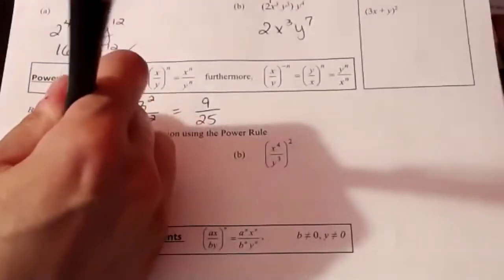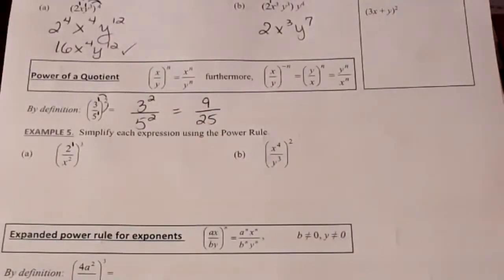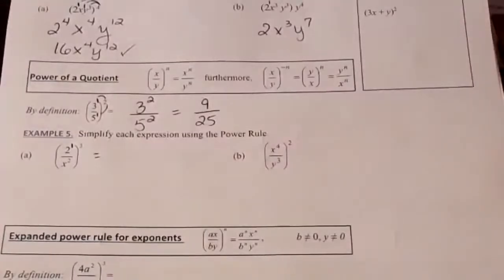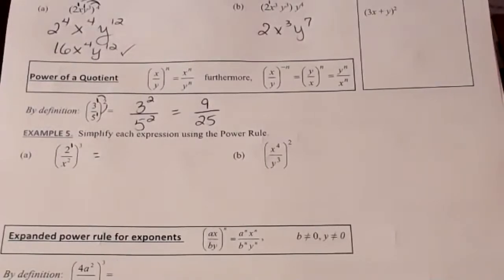So let's go ahead and write that this is 2 to the 1st power. Nung, would you distribute that 3 on the outside and tell us what we have? Oh, you're on mute. 2 to the 3rd power.